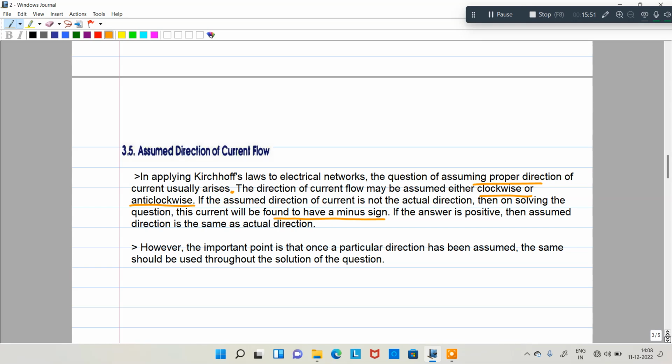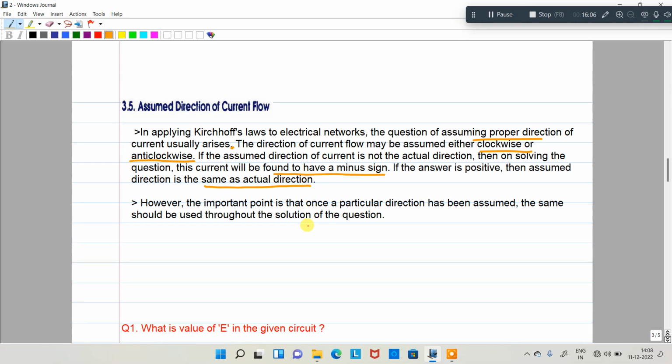Next one, if the answer is positive, then our assumed direction is the same as the actual direction. There is no doubt about it. That is the conclusion. However, one important point: once a particular direction has been assumed, for example clockwise, the same should be used throughout the solution of the question.